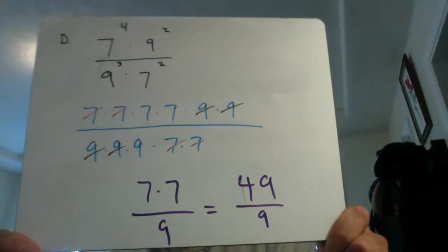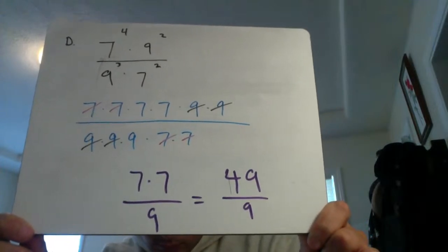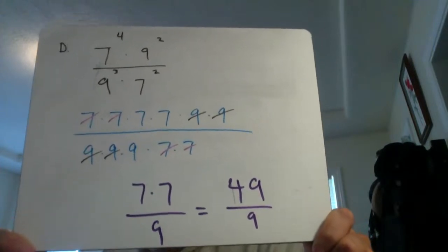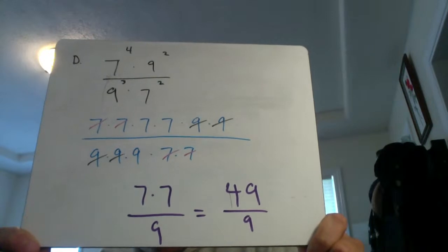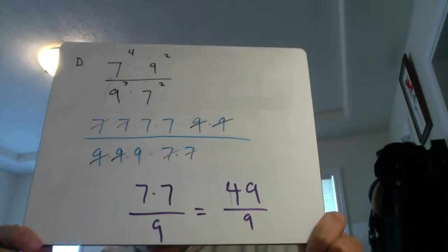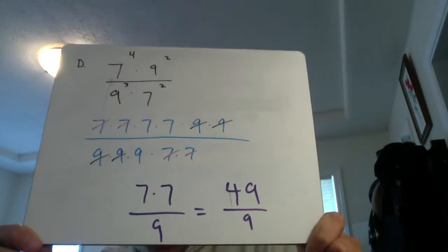Ready? Exactly. So we have 2 7s on the top and 1 9 on the bottom.